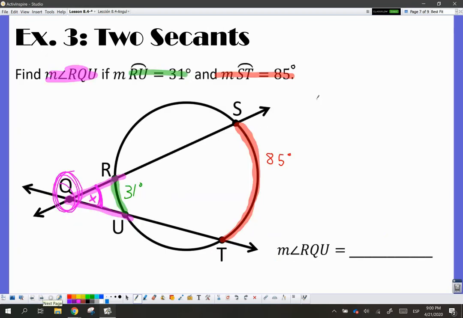So I have the angle, which in this case I'm calling X, equal to 1/2, then parentheses, and inside the parentheses I'm going to be subtracting the measures of the arcs that I have. So I know I have 85, and I'm going to subtract 31. 85 minus 31 gives me 54.